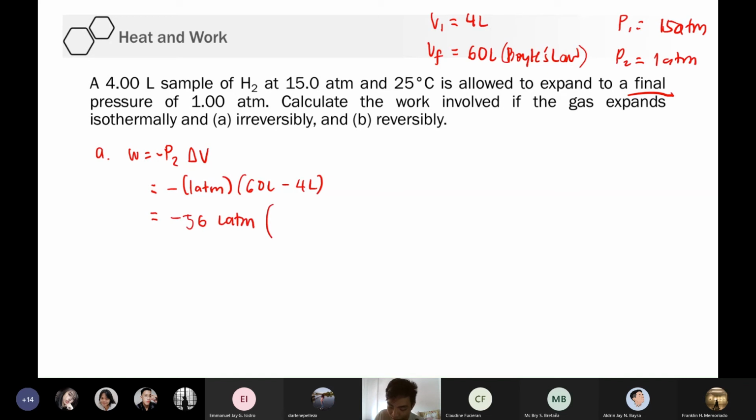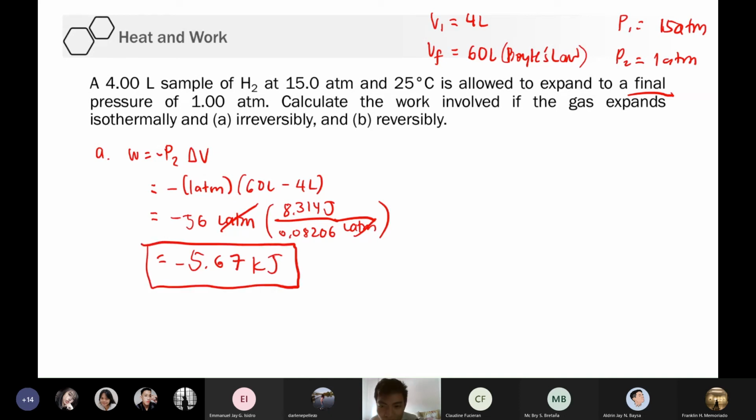Now, convert mo yan, 8.314 over 0.08206. Okay, magka-cancel yung LATM. And the answer will be 5,067 or 5.67 kilojoules. May tumama?